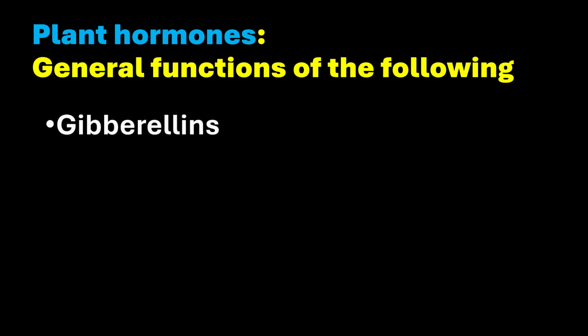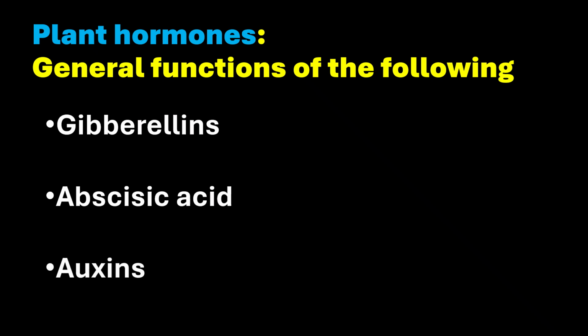So we have the following: gibberellins, we have abscisic acid, and then we have auxins. What are we supposed to know? We are supposed to know their general functions. So there are 3 hormones under study in this topic: gibberellins, abscisic acid, and then auxins.